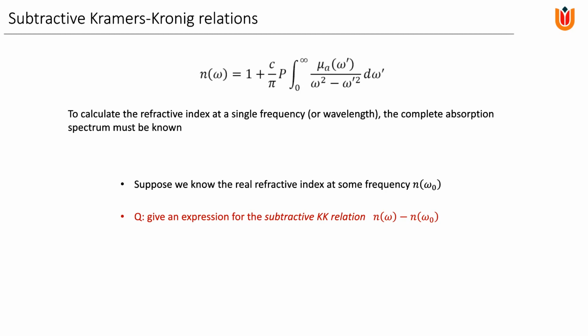So we can do a calibration measurement, some measurement at some frequency, and then use it. I'm not going to ask you to do that. I will show you. The trick is called a subtractive Kramers-Kronig relation. So we take this relation, and we're going to subtract the known value of the measurement.